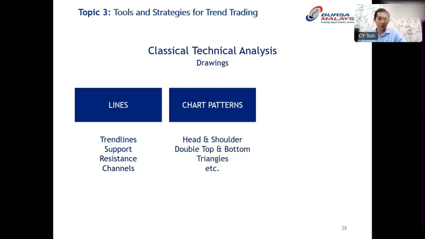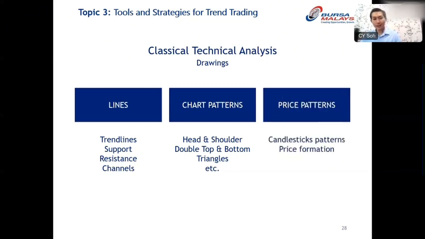Because looking at chart patterns, you need to be able to draw valid lines. Otherwise, it is difficult for you to identify the correct chart patterns. So chart patterns, we have head and shoulders, double top and bottom, triangles, and many other forms of chart patterns. And lastly, classical technical analysis also looks at candlestick patterns as well as price formation.